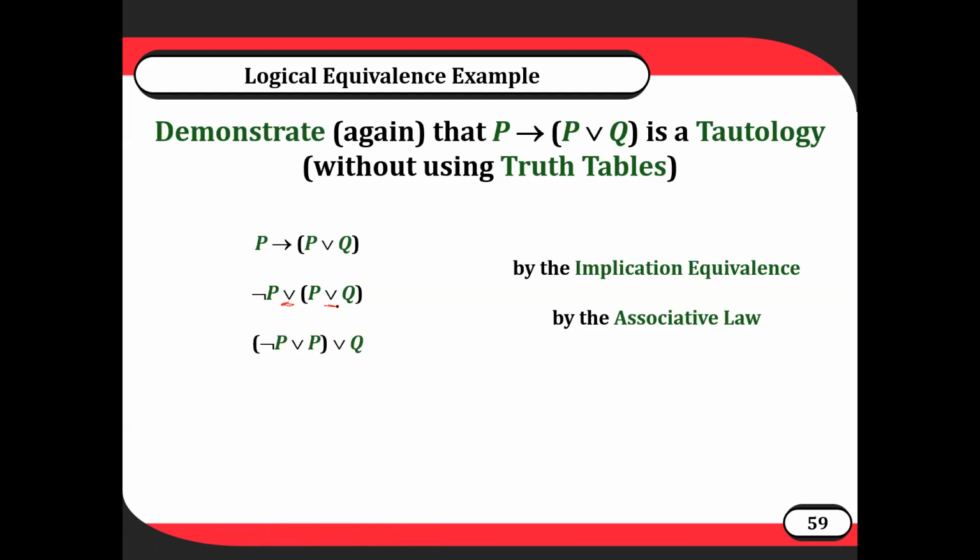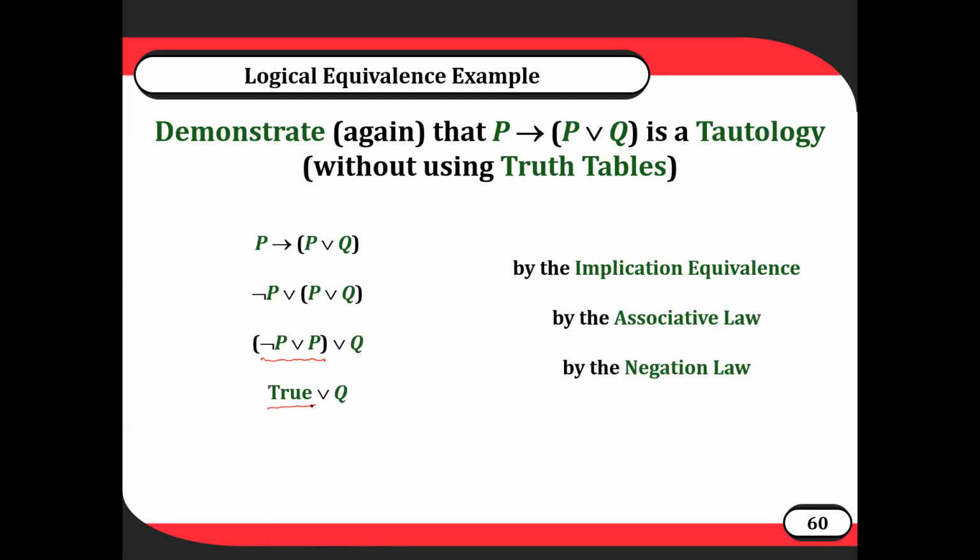Again, this is a step that you can skip in your assignment or test. And then I sort of jumped ahead of myself and gave it away. The next step, not P or P, so true or false always evaluates to true by the negation law.